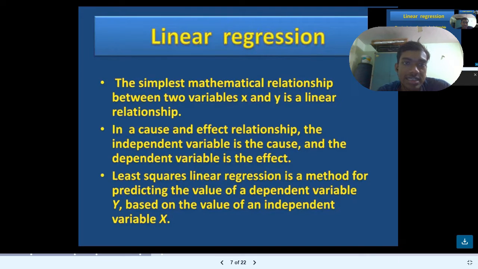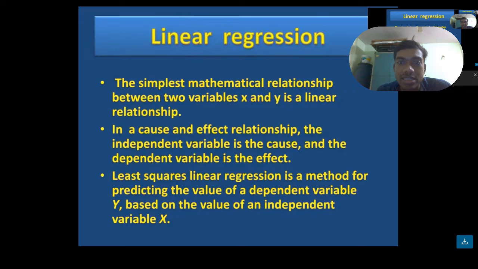Linear regression. The simplest mathematical relationship between two variables x and y is a linear relationship. In a cause and effect relationship, the independent variable is the cause and the dependent variable is the effect. Least squares linear regression is a method for predicting the value of a dependent variable y based on the value of an independent variable x.